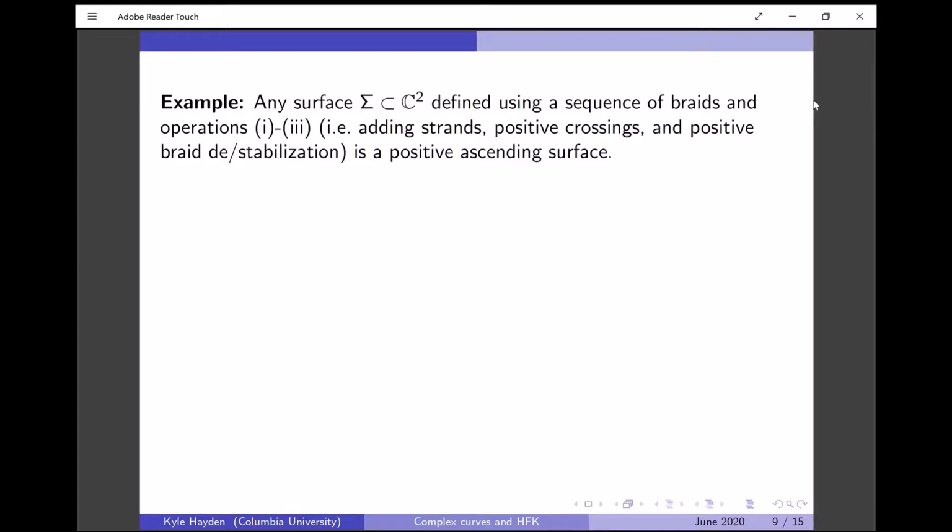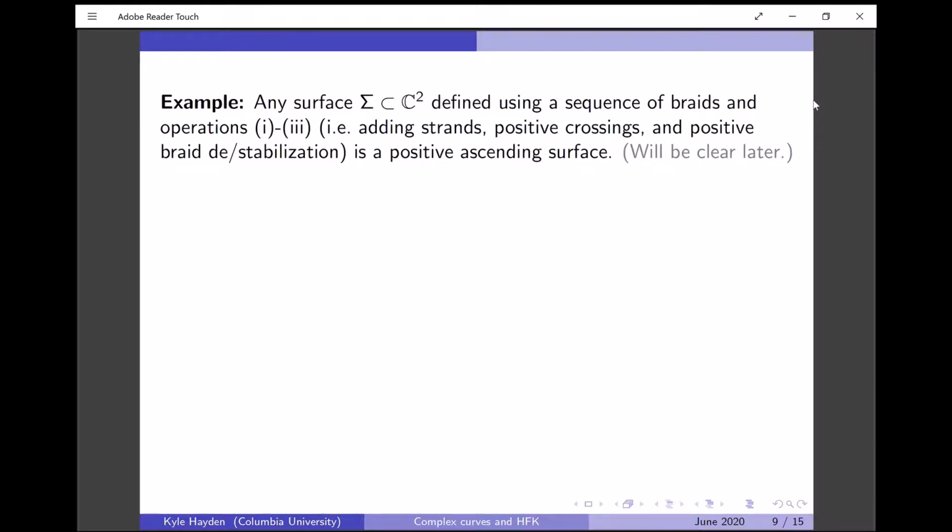So in particular, any surface in C2 which is defined using a sequence of braids related by the operations 1 to 3, that is adding strands, adding positive crossings, and braid isotopy and positive braid stabilization and destabilization, any surface that you build using those operations will be a positive ascending surface. Okay. This will become clear later what the connection between braids and ascending surfaces is.